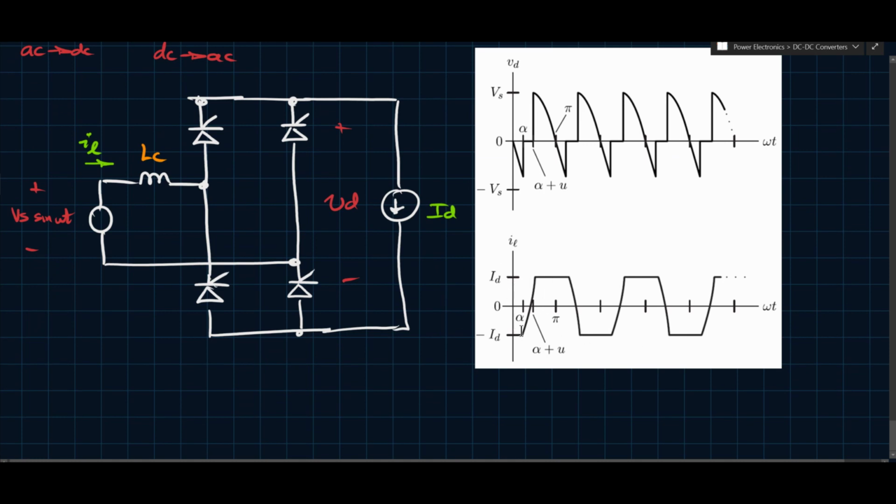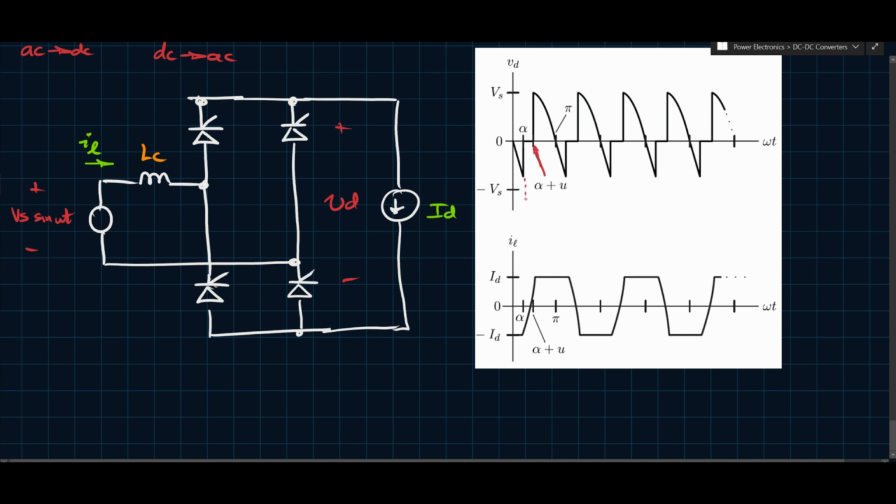Here, in this case, you have these slopes and curves, and it's not just flat, right? What's happening is basically during commutation, and commutation is this time u. Not time, I guess, it's a phase, right? So this point here is defined as alpha plus u.